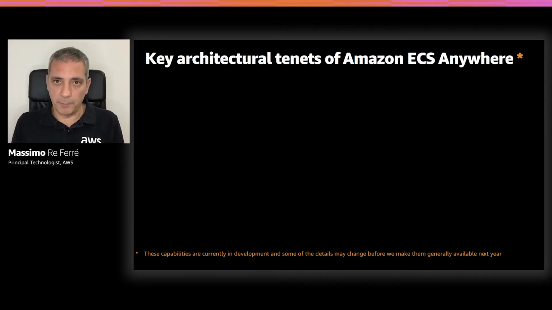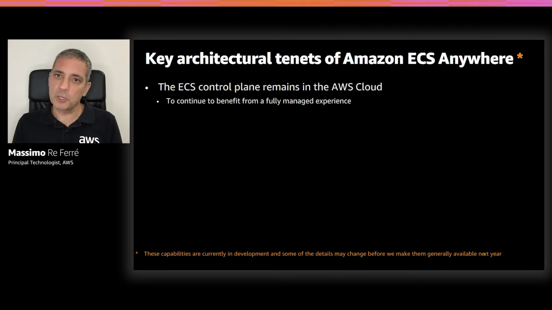We have already talked about this, but it's important that we keep this in mind. The ECS control plane remains in the cloud. And this is to take full advantage of a fully managed control plane that you don't have to revision or upgrade. Everything that we do in the cloud, you will see on-prem on this managed infrastructure.